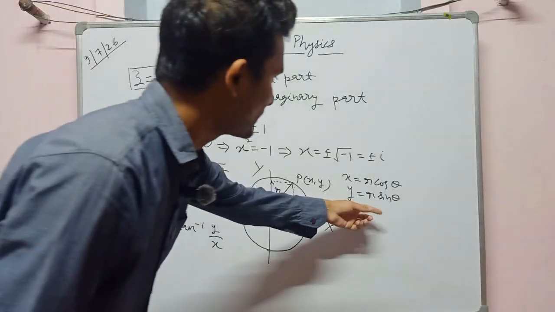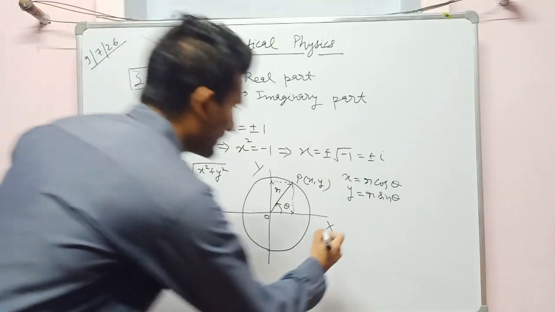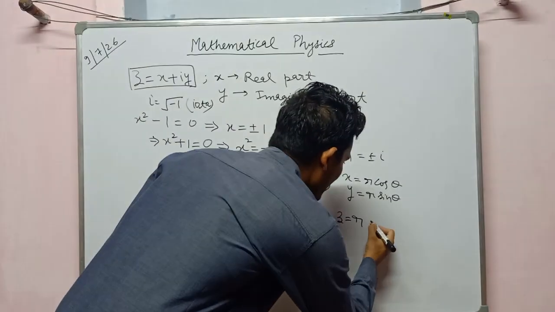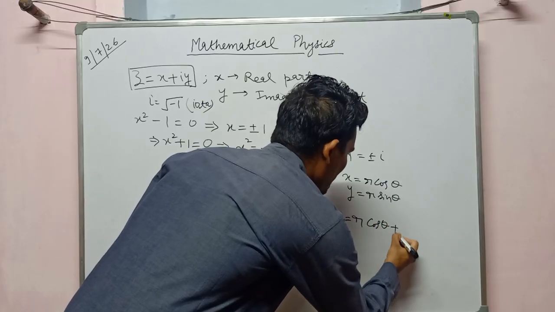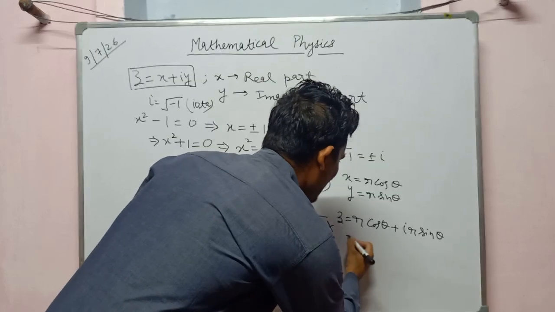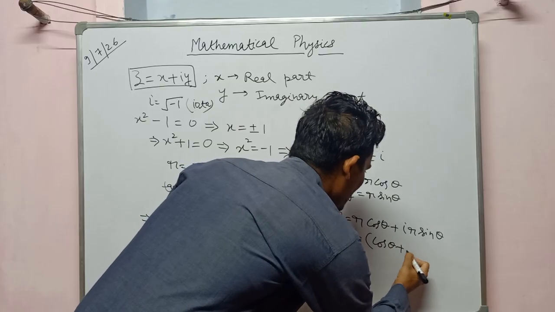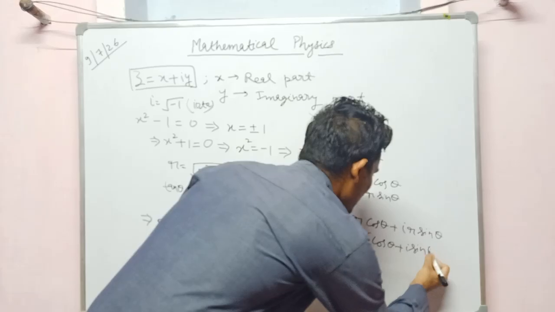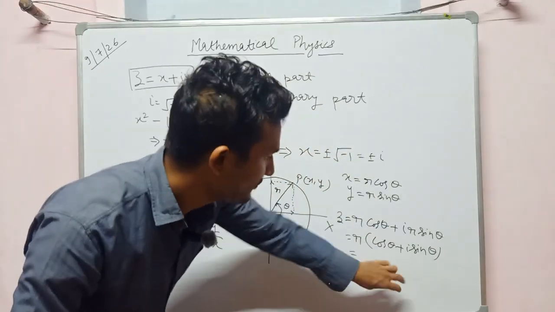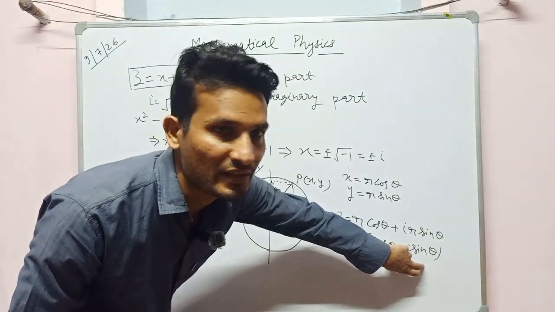Now I will put these relationships in this expression of z. So z becomes r cos theta plus iota r sin theta, and if I take r common, it gives r times cos theta plus iota sin theta. This term in the bracket is known as Euler's identity.